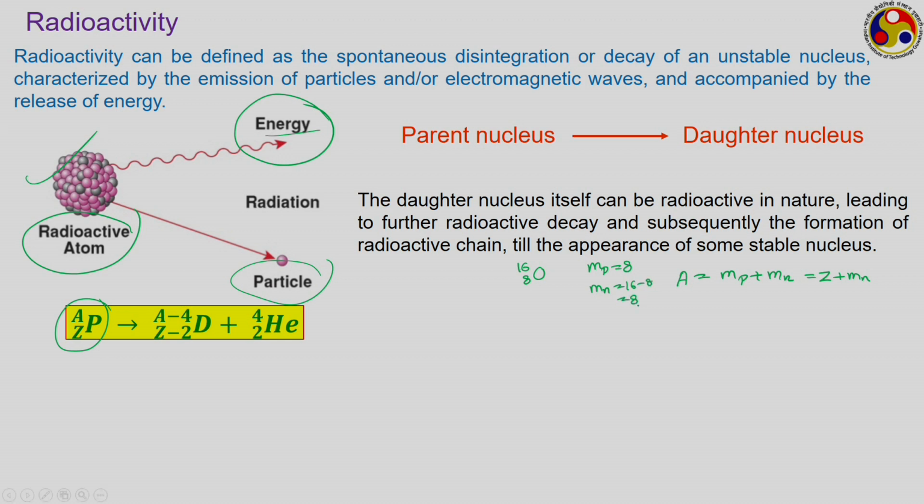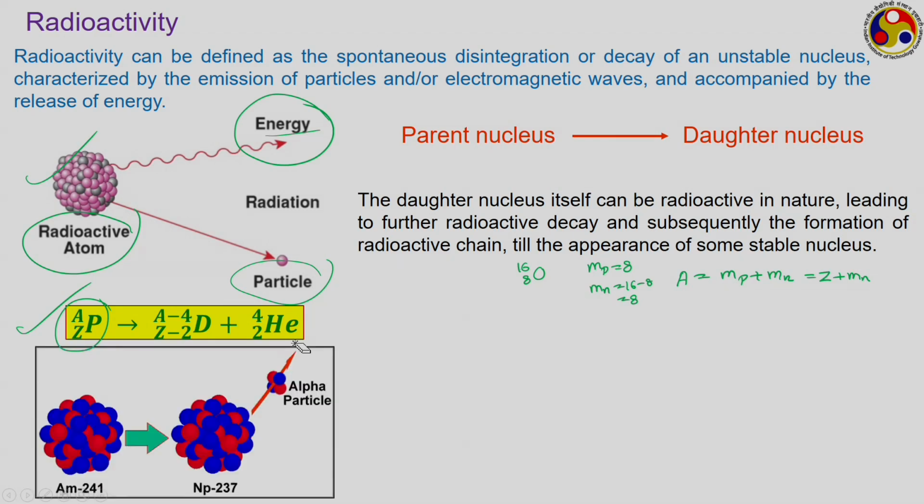So, this is a common way we represent any kind of nucleus. Whenever a radioactive nucleus undergoes this particular decay, it leads to the production of a helium nucleus. This helium particle is often called an alpha particle, and therefore, this radioactive decay is called alpha decay.